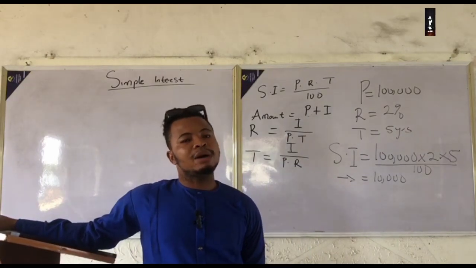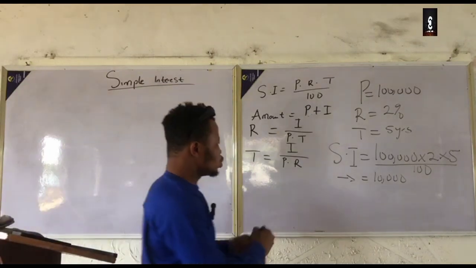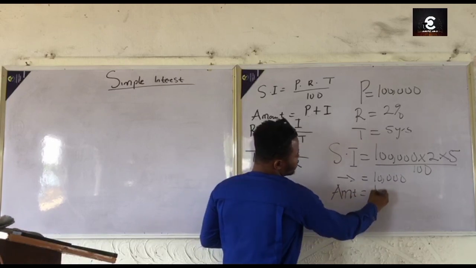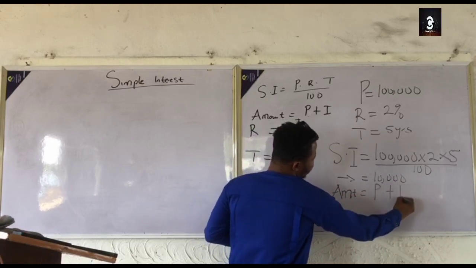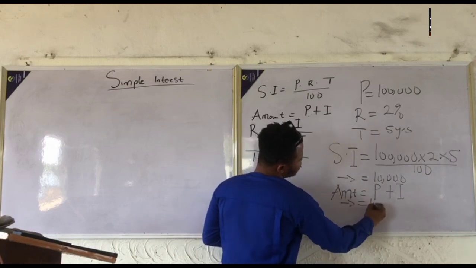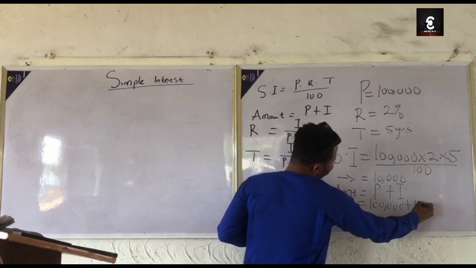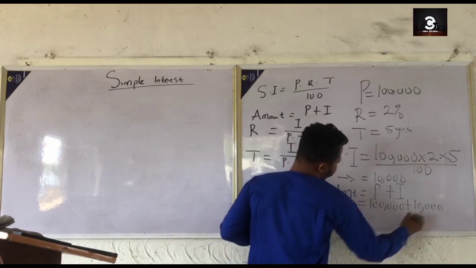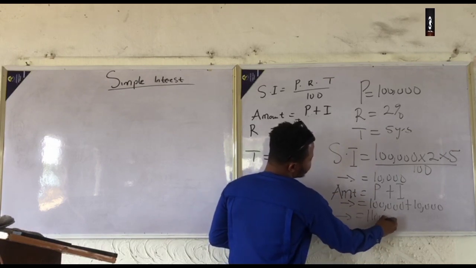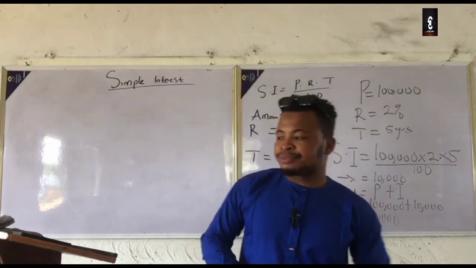Amount is the amount I borrowed initially plus the interest, so amount is equal to principal plus interest. I borrowed initially 100,000 and I am paying interest of 10,000 after 5 years, so the amount I am going to have is 110,000. Whichever currency you want to use, fine.